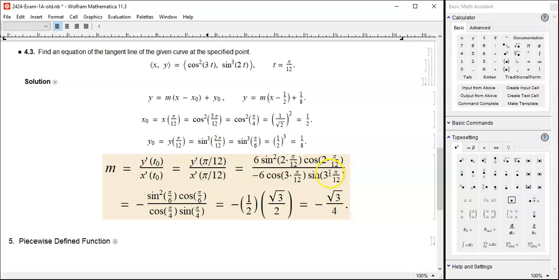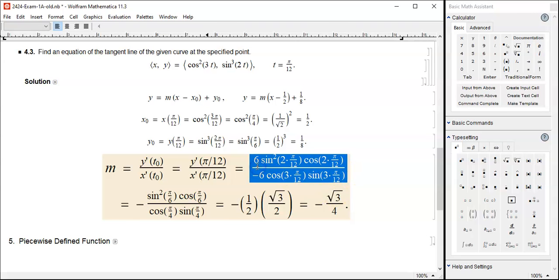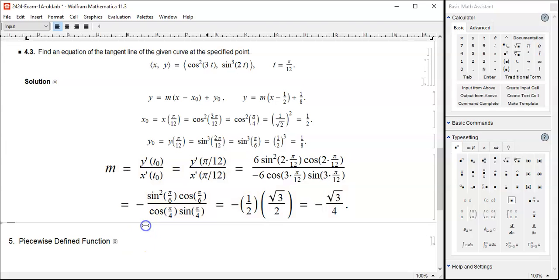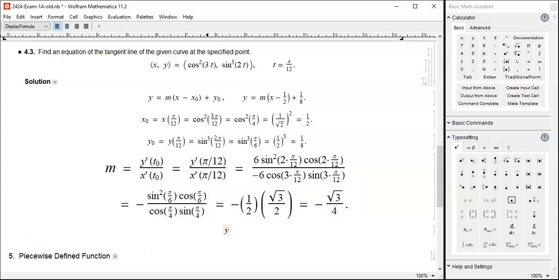I know it can be overkill. You could have just punched it into the calculator here and used that digit string. I wouldn't have minded. But if you want to do everything symbolically and perfectly, then you can do it this way. x minus 1/2 plus 1/8. That is the most desirable solution.